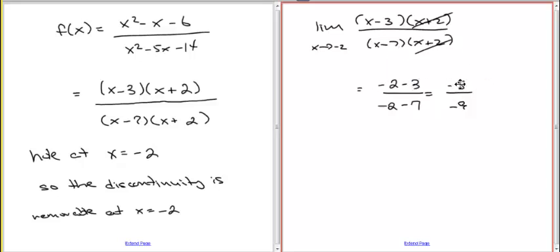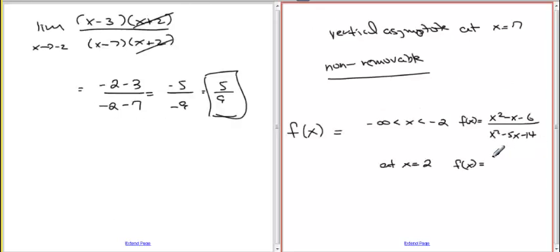So I get negative 2 minus 3, which is negative 5, and negative 2 minus 7, which is negative 9. The negatives cancel out. I get 5/9. So that is my limit, and therefore that's my value of the function.